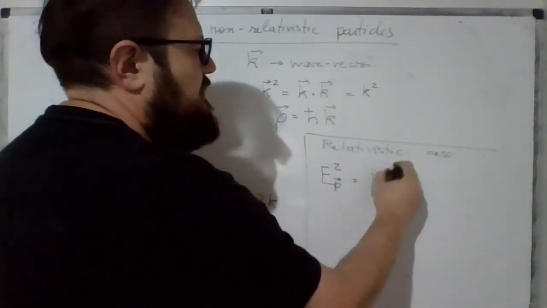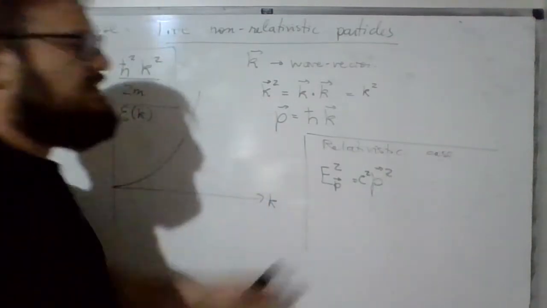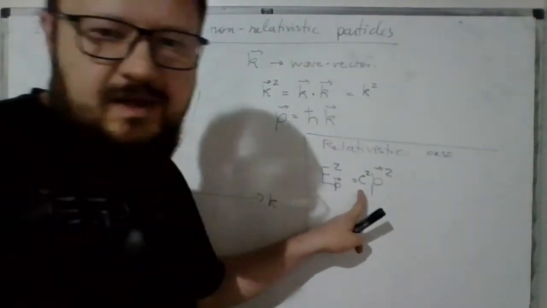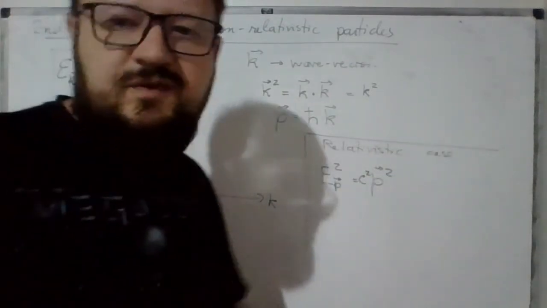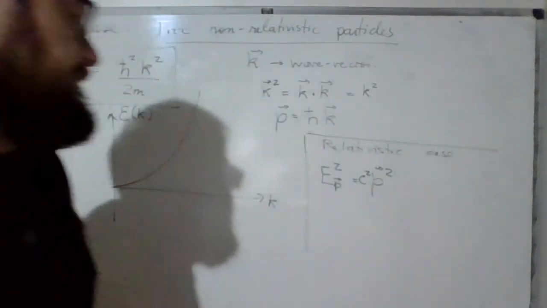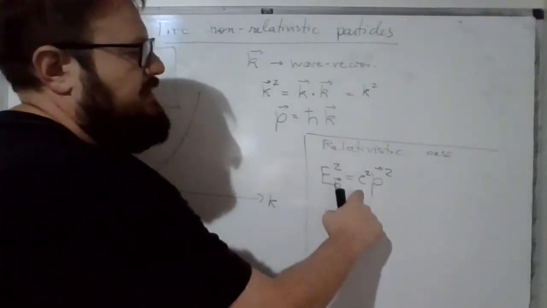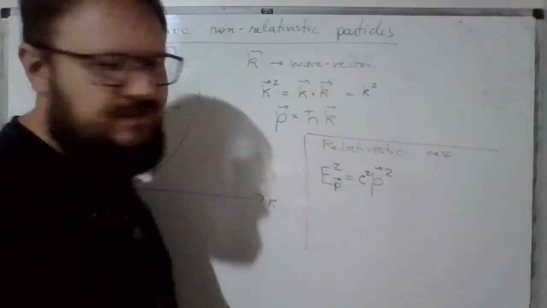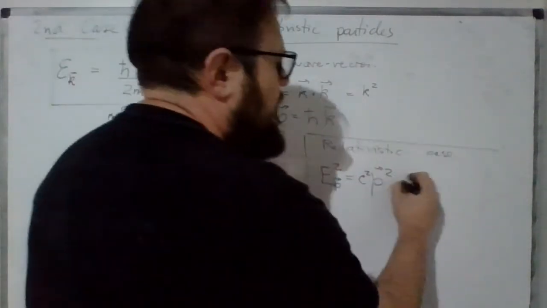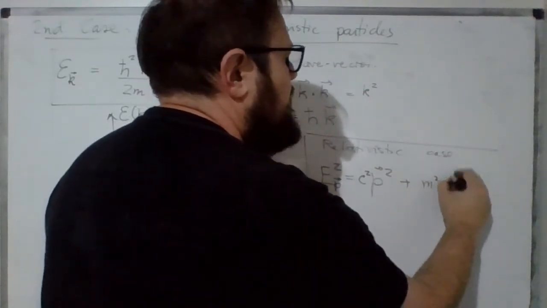So this is p squared times the velocity of light, usually, but it can be another velocity relevant for your problem. If you have a pseudo-relativistic relation, the energy squared is equal to c squared, some typical velocity of your system, times p squared, plus mass squared c to the 4.